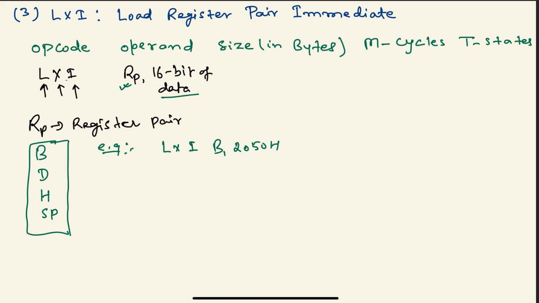After execution of this instruction, this BC register pair will have the higher byte as B and the lower byte as C. The register pair is denoted by the higher byte notation only, that is B. So the higher byte of the data, 20, will be loaded here, and the lower byte, 50H, will be loaded into the C register as 50.